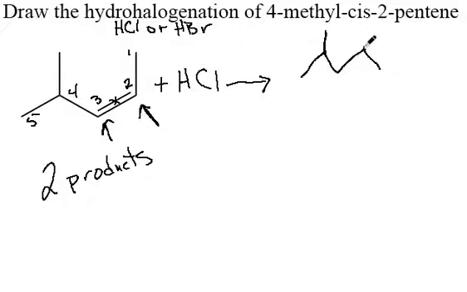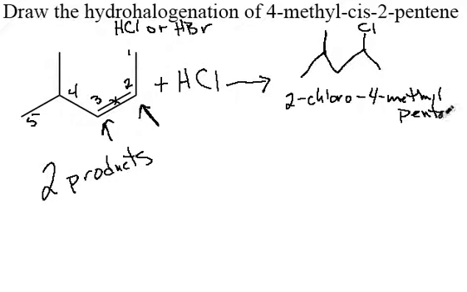So I will put a chlorine right here, and this would be called 2-chloro-4-methylpentane. Okay. And that will be formed in about a 50% ratio.